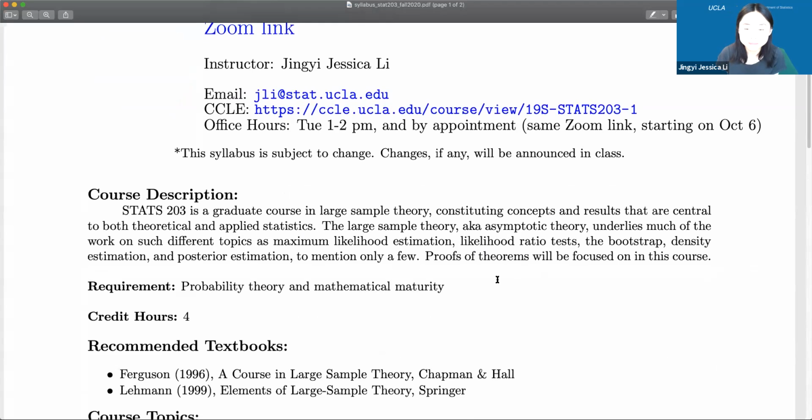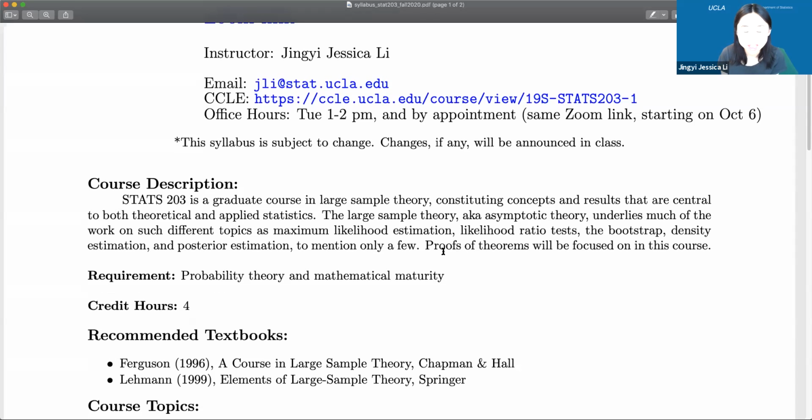Okay, so in my notes, there are many proofs, but I understand that going through details in proofs will not be so ideal for this remote teaching setting. Therefore, my plan for this class is trying to be concise, and I will explain the ideas in those proofs, but I'll leave the details for your reading.